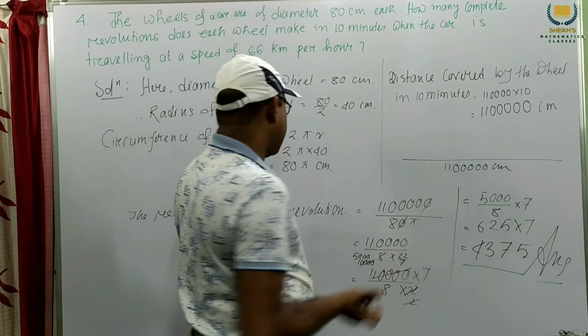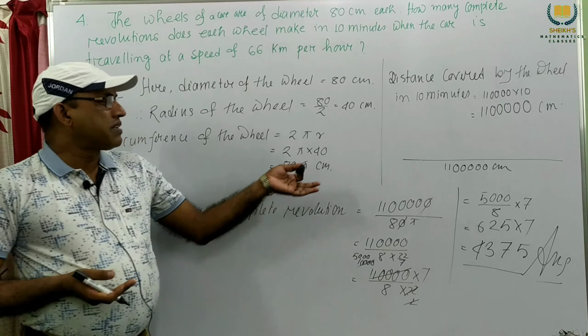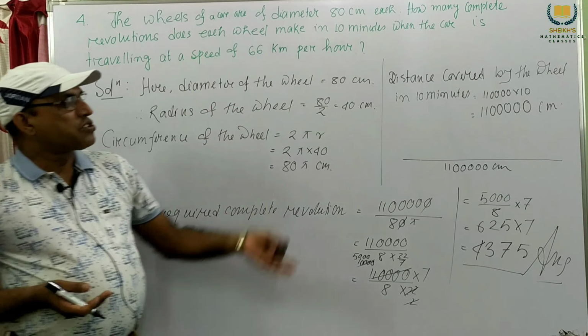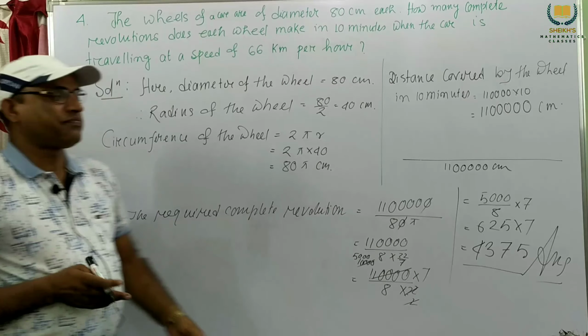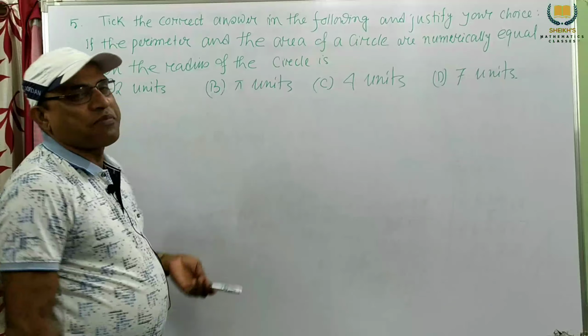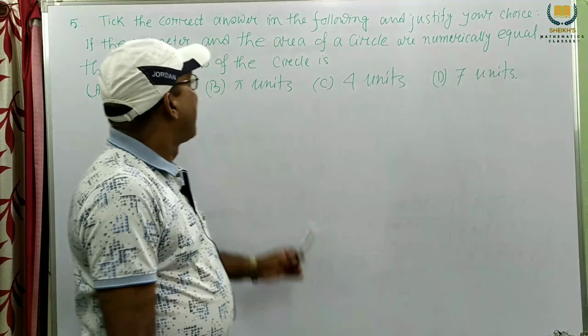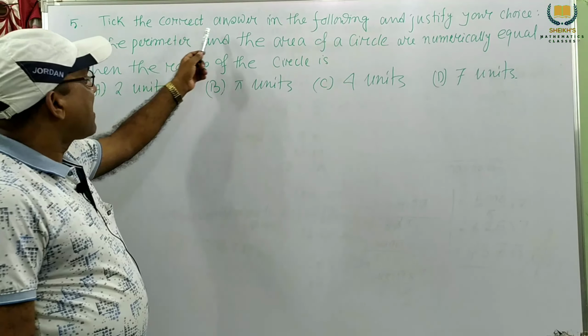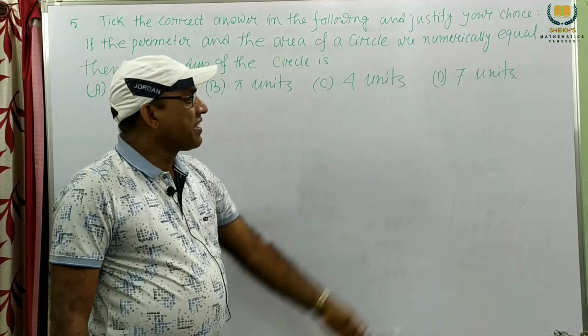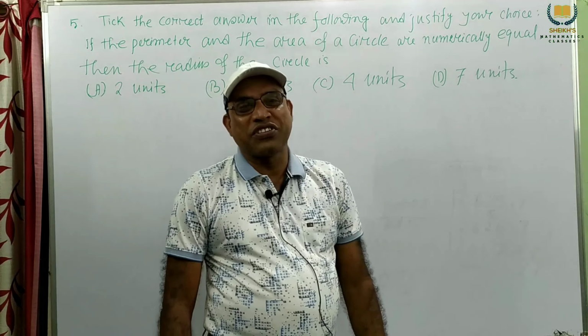Very easy solution. The problem is very easy, the solution also very easy. Consider problem number 5. This is very easy, very simple. Take the correct answer in the following and justify your choice.